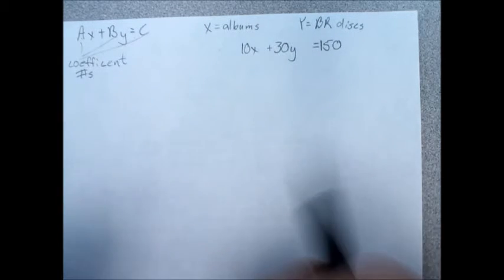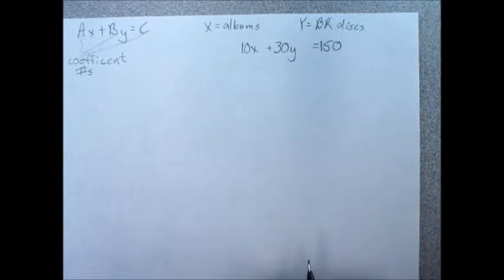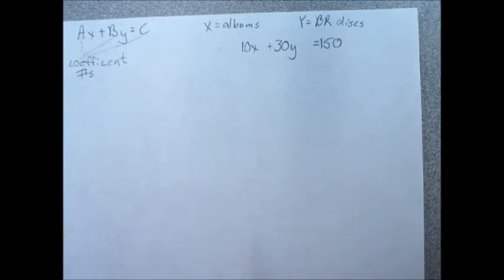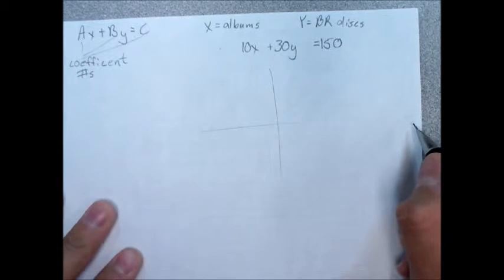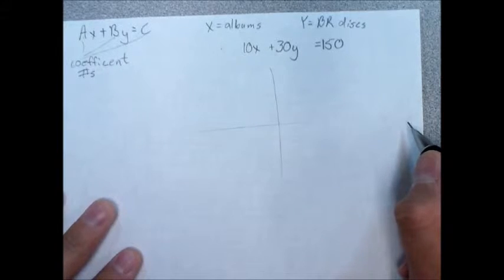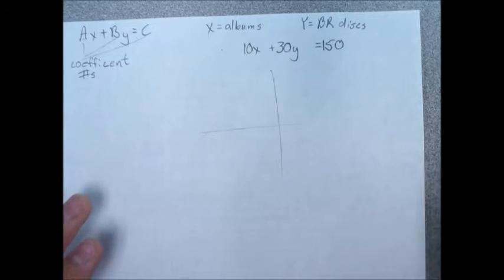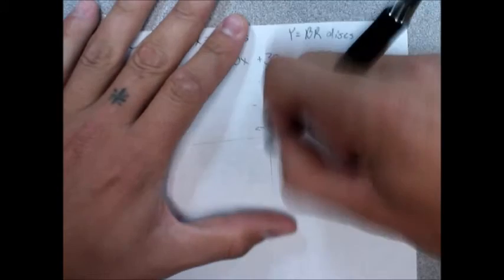So if we're going to graph this, there's multiple different ways to do it. I think one way is easier than the other. Again, are we going to need a full graph like that? All 4 quadrants? No. Can we have a negative amount of anything? Never, never, never when we're dealing with objects, right?